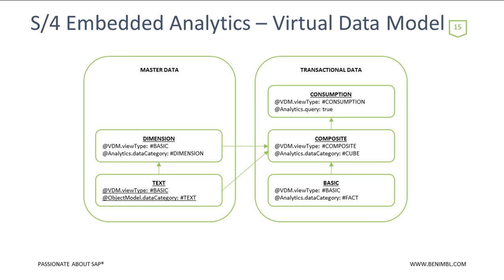You would have a basic CDS view, which is pretty much your initial select of data out of your tables in S4. Once you do that, you build a composite view, which selects data from that basic view, and this is where we add all of the semantics. So this is where we define properties such as adding text or attributes to a particular field, such as material.